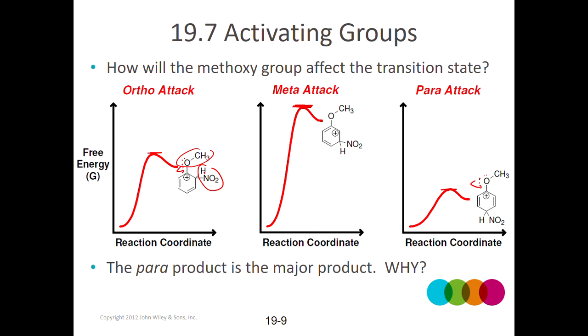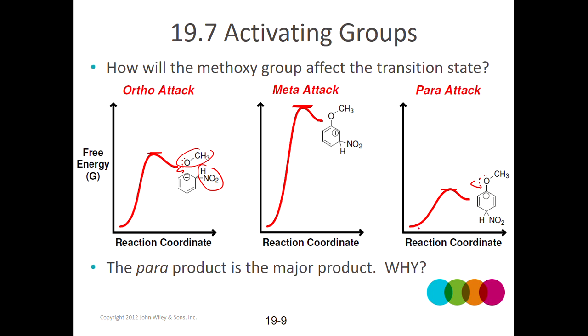So we have this competition now between the ortho being more likely statistically, because there's two possible positions where the nitro group can connect to give the same exact ortho product, versus one position where it can connect to give the para product. That's kind of in competition, favoring the ortho product, competing with the idea that the para product doesn't have the steric hindrance, making it less stable during the transition state.